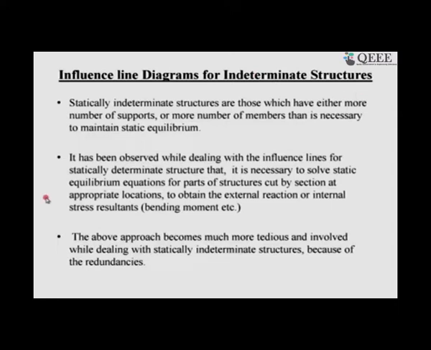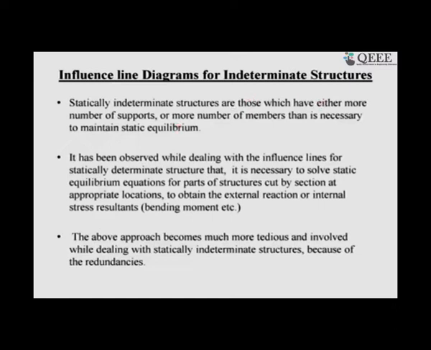While doing that, we may need to discuss something as a background or prerequisite for this study: statically indeterminate structures are those which have either more supports or more members than is necessary to maintain static equilibrium.